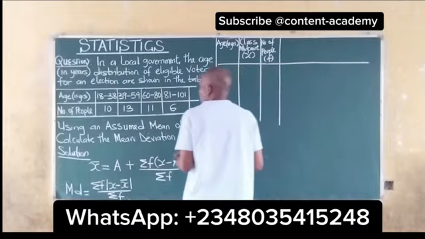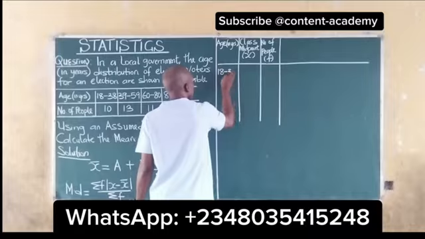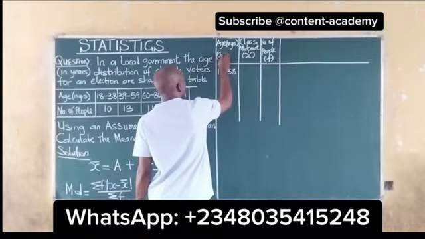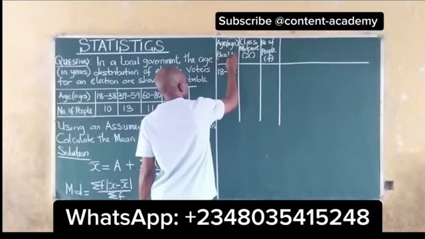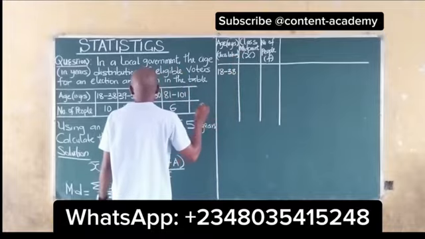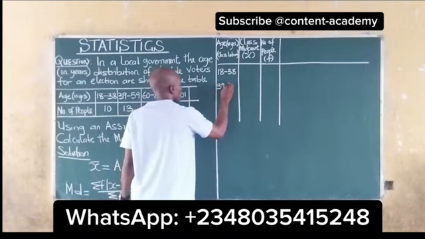Now we have this. The first one we have is 18 to 38. Of course, this is our class interval. The next one is 39 to 59.